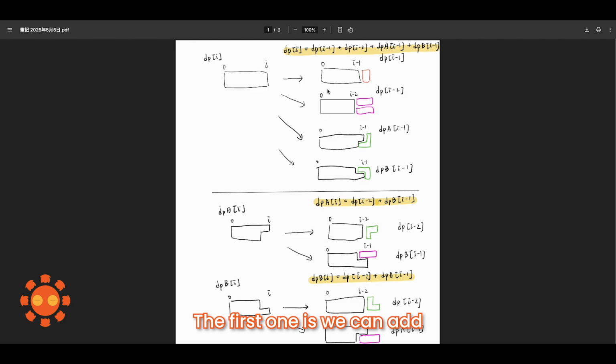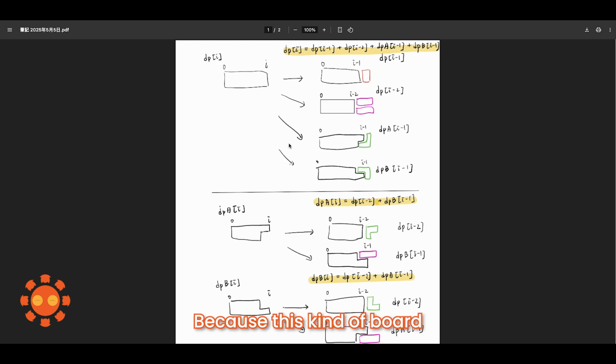The first one is we can add a vertical domino at the end of the 2 times i minus 1 board, which will work. The second situation is we can add 2 horizontal dominoes at the end of the i minus 2 board, which will also work. And the last 2 situations are we can add trominos at the end of the board, leaving 1 extra square sticking out of it.